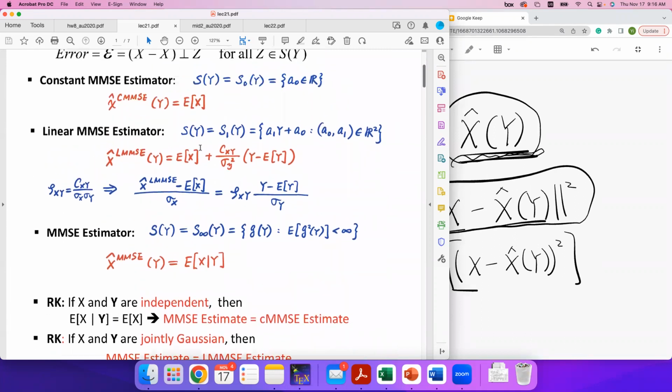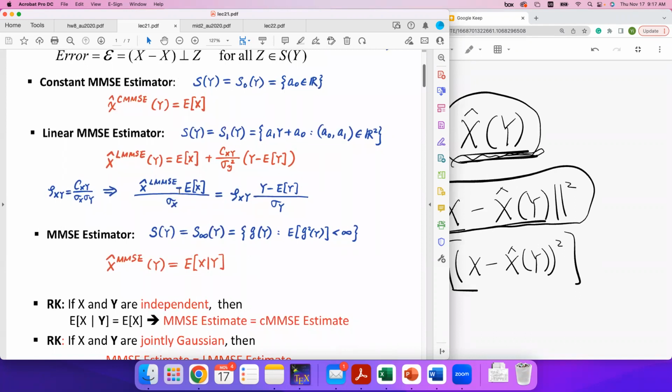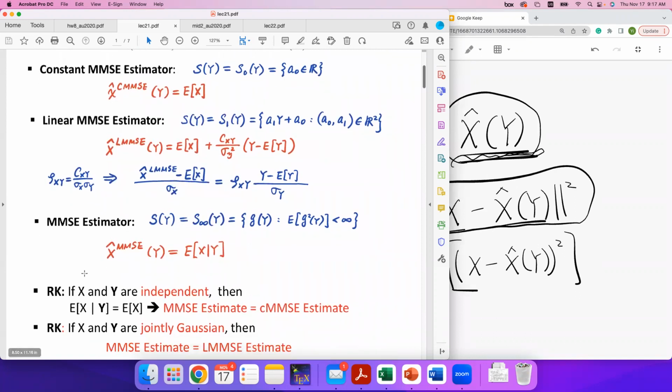In particular, these estimators have some connections in some special cases. For example, if x and y are independent, meaning that observing y does not tell anything about x, then the MMSE estimator, the most general one, becomes the constant MMSE estimator, because this conditional expectation equals the expectation.